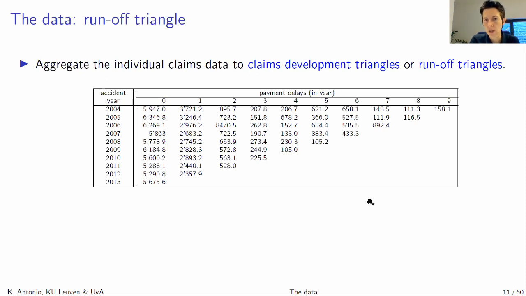Now, it's not a surprise that people have been processing the information in such a way, because they go from detailed data at granular level to a display that they can easily handle in a tool like Excel, in a spreadsheet, in a report for management, for the regulator, and so on.